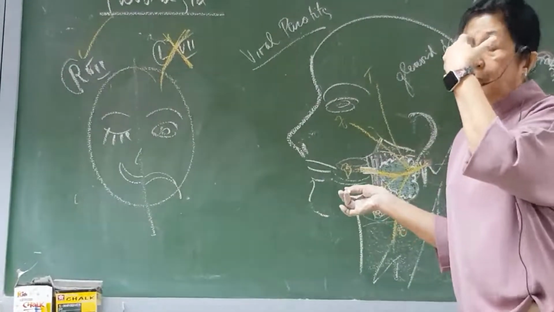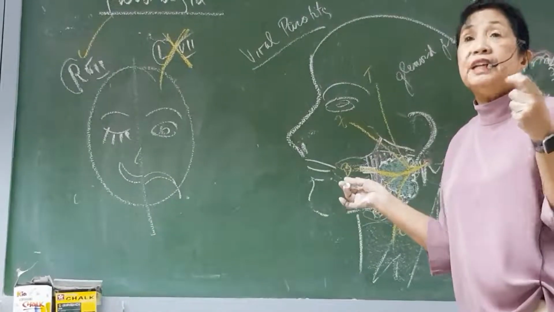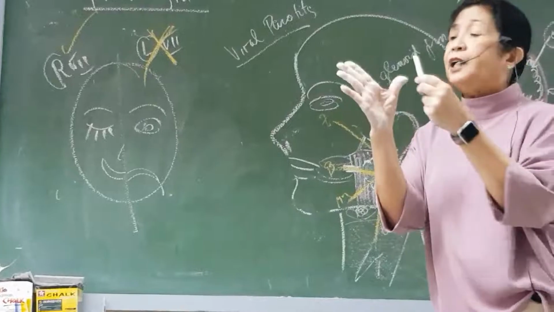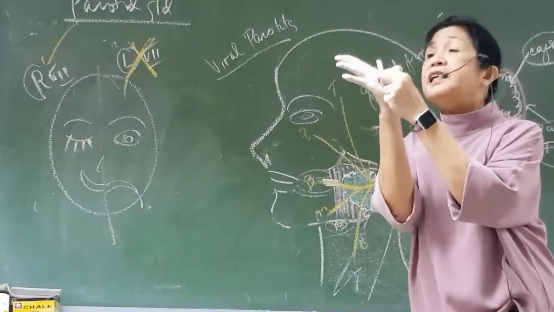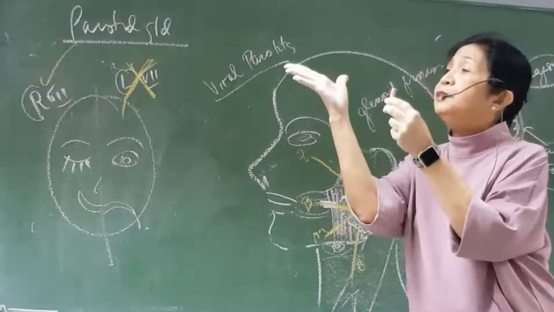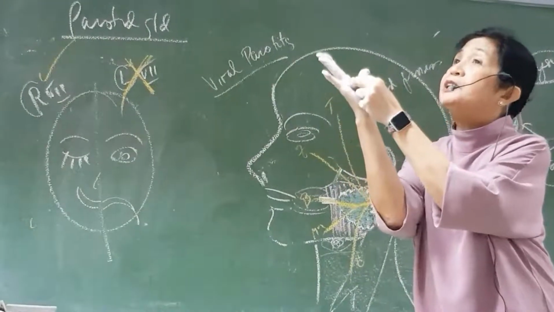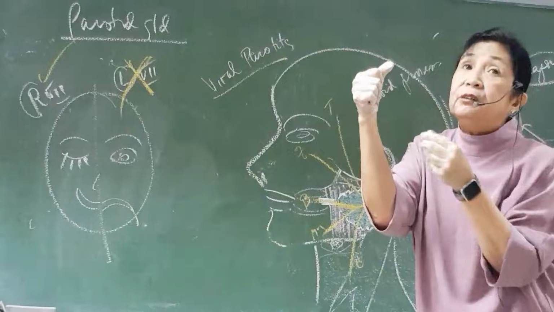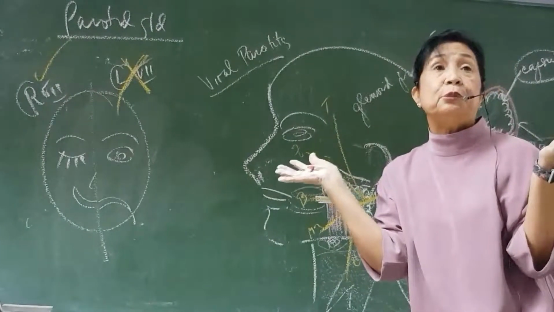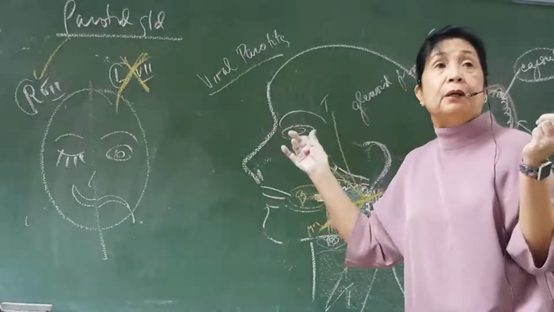Okay? So what are the structures that you find inside? Yung mga artery at saka vein, actually nasa labas. Kaya lang, yung parotid, yung kamay ko parotid, nasa labas na siya, pero inipit siyang gano'n. So parang nasa loob na rin siya. Okay, so that you can consider them to be structures within the parotid gland.